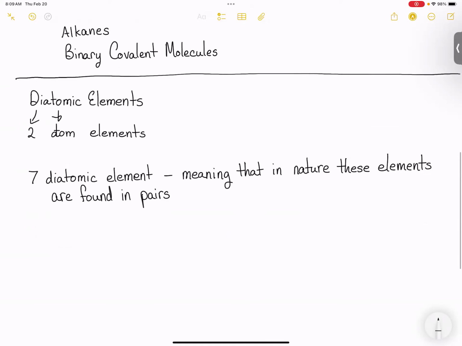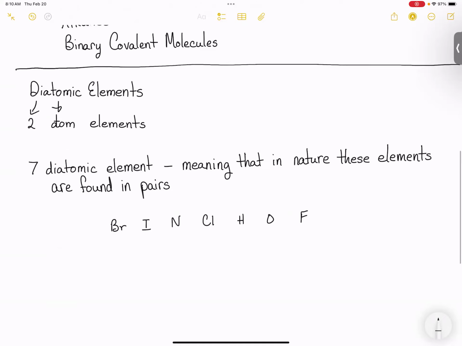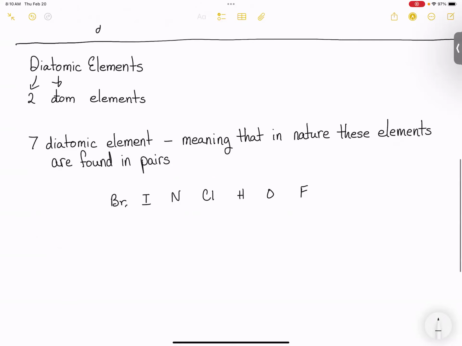The elements are Brinkelhoff: bromine, iodine, nitrogen, chlorine, hydrogen, oxygen, and fluorine. If you find bromine in nature, it is always going to come as a pair, meaning there are going to be two bromine atoms in the molecule.